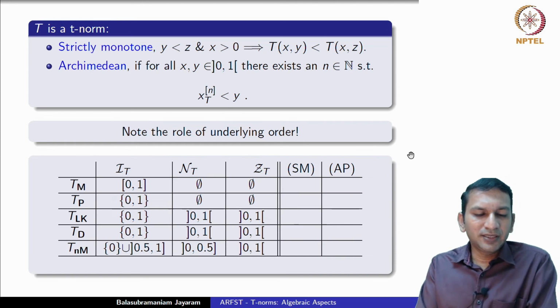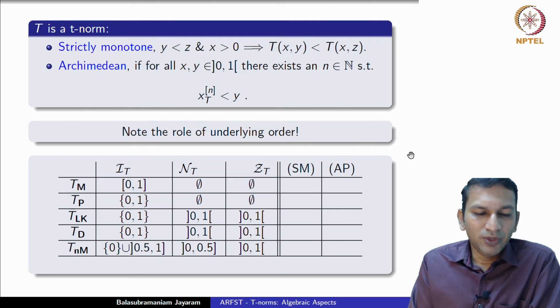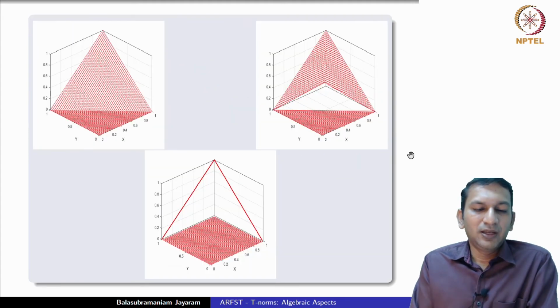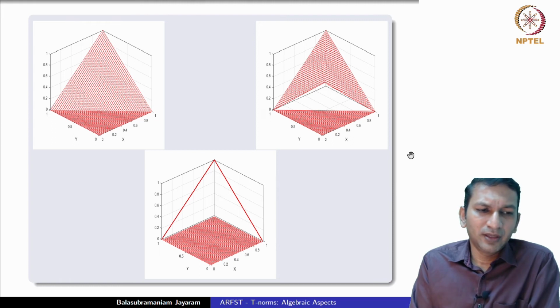Now, let's consider these 5 T-norms in terms of strict monotonicity. Once again, we will go for some visual cue to help us in identifying whether these T-norms are strictly monotonic or not. Look at these 3 T-norms: the Lukasiewicz, nilpotent minimum, and the drastic T-norm.